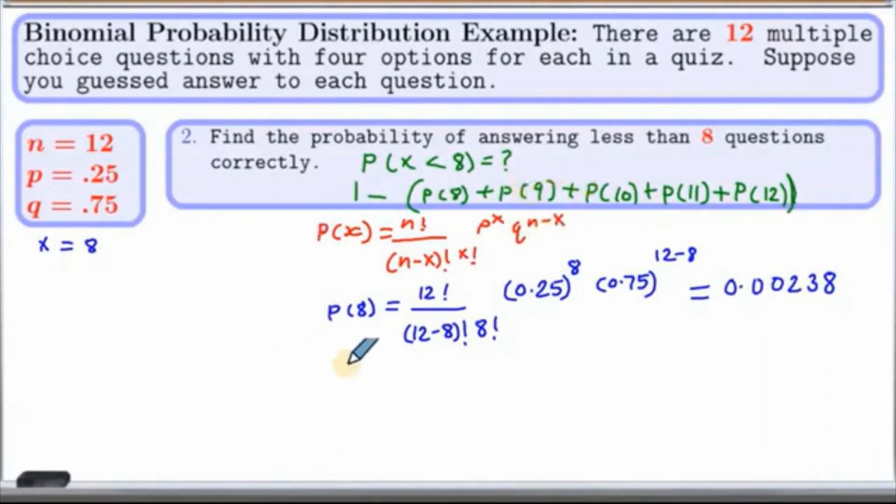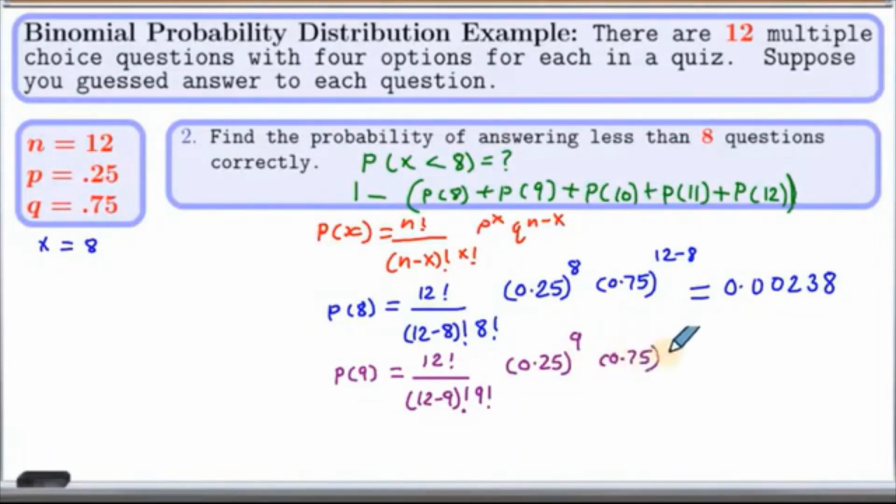Now let's find probability of 9. So again, we will be substituting values of n, p, q, x in this given formula here. So for this, our x is 9. So substituting the numbers onto that formula, we get 12 factorial over 12 minus 9 factorial times 9 factorial, and 0.25 to the 9, 0.75 to the 12 minus 9.